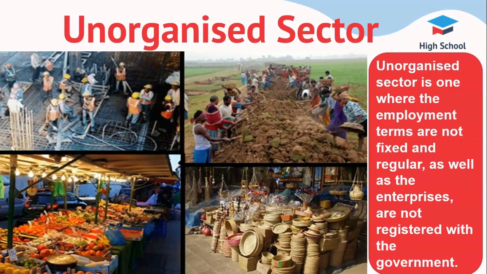This sector includes a large number of people who are employed on their own, doing small business such as selling on the street, doing repair work and so on. In the unorganized sector, the employment terms are not fixed and regular. They do not enjoy any special benefits or job security. These enterprises are not registered with the government.